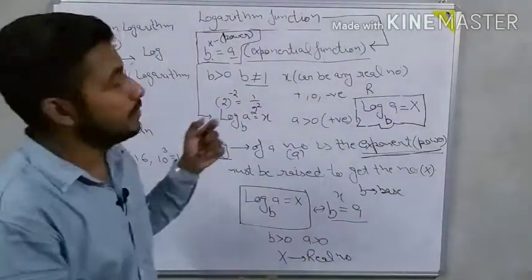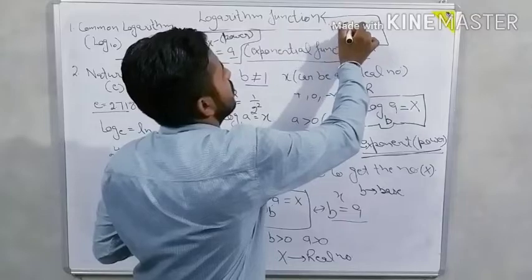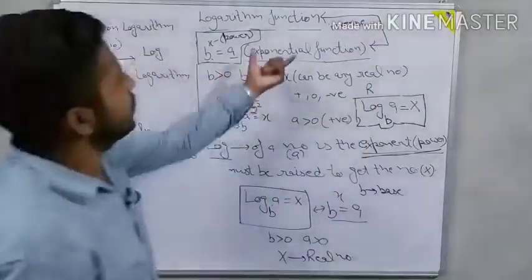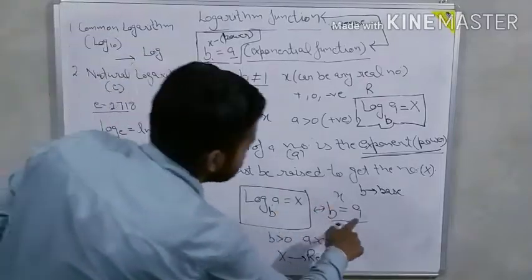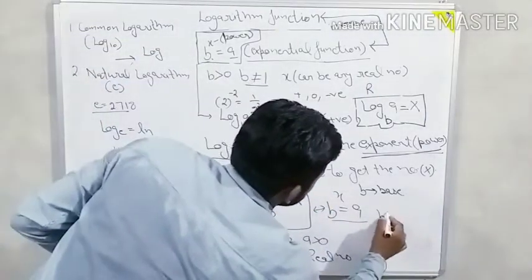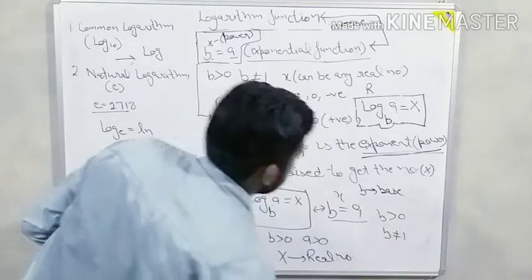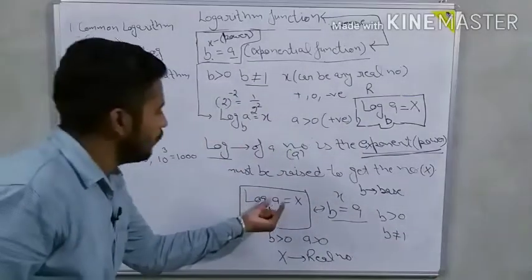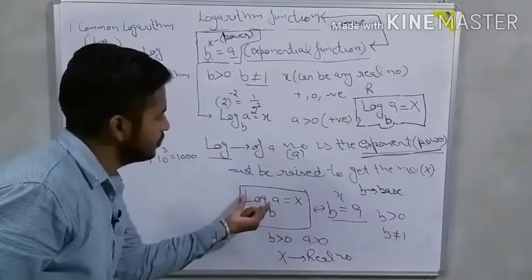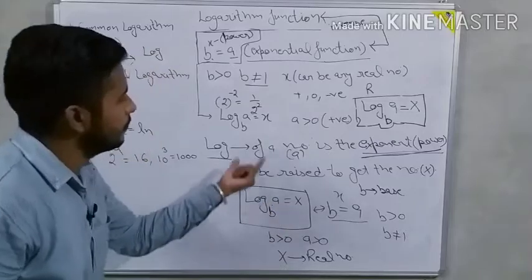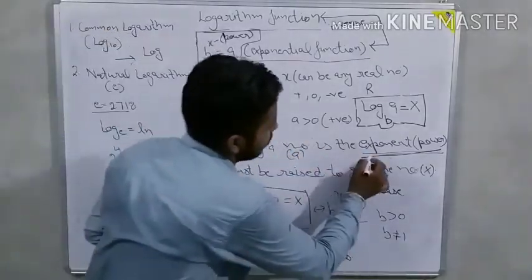Actually logarithmic function is the inverse of exponential function. If b raised to power x is equal to a, and this is the condition of exponential function, then the logarithm of a number a is written as log a. The logarithm of a number is the exponent or power.